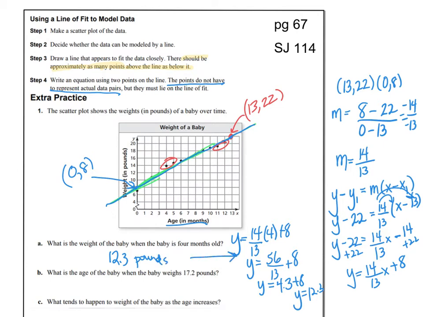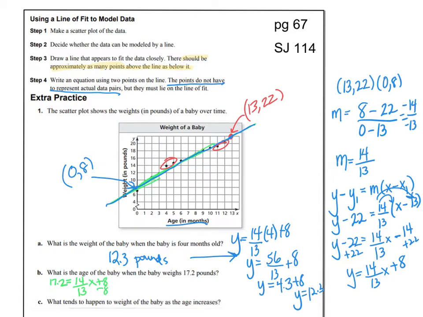My next one says, what is the age of the baby when the baby weighs 17.2 pounds? So I'm going to substitute 17.2 in for y. I don't know why that picture's doing that. I'm so sorry. I'm going to put 14/13 x plus 8.